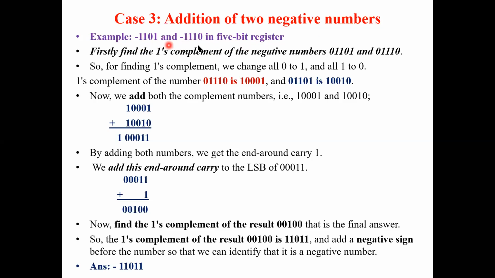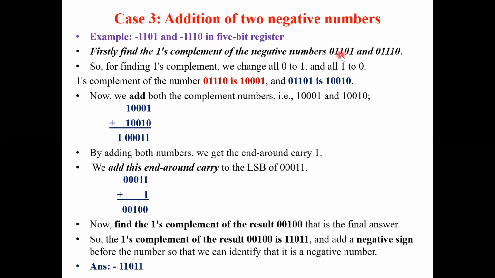Since both the numbers are negative, the first step is finding the ones complement of the negative numbers. Here it is 0 1 1 0 1, I have put a 0 in front, and here also a 0 in front: 0 1 1 1 0.